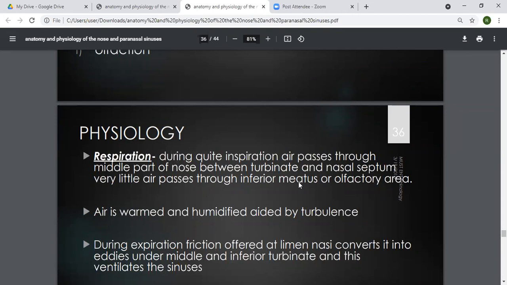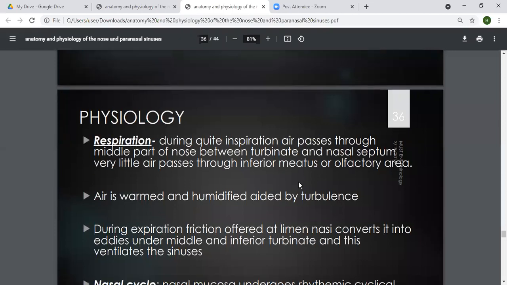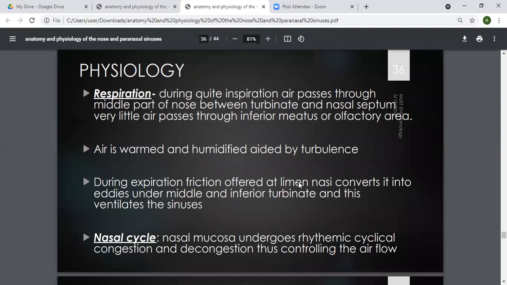During expiration, we have friction offered at the lamina and it converts into eddies. These are basically currents in the nasal cavity. So these aid in warming the air and humidifying the air that is being breathed in.